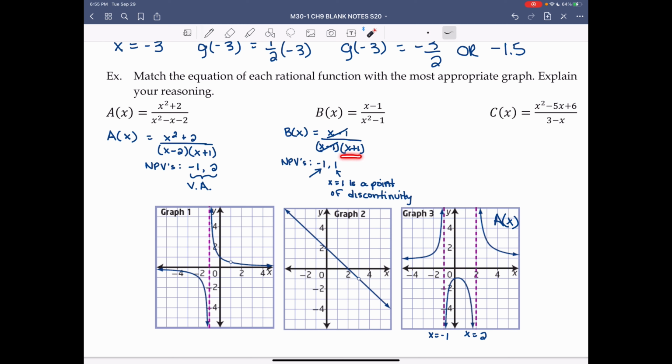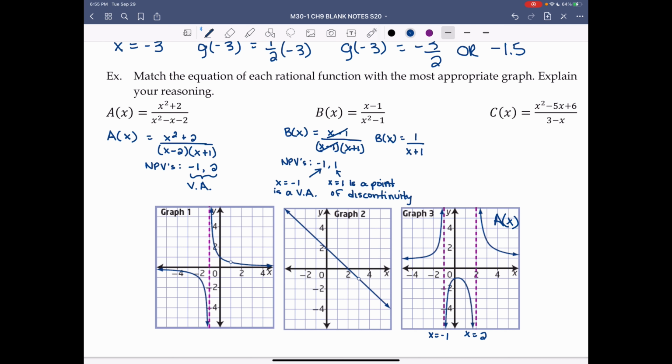We still have x plus 1 on the bottom of our rational, so x equals negative 1 is a vertical asymptote. And then b of x simplifies down to 1 over x plus 1.